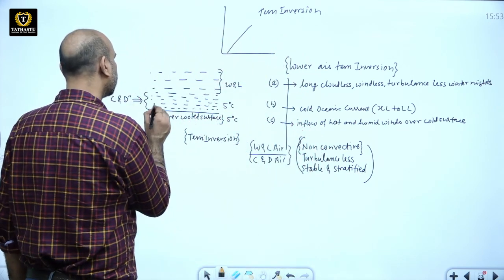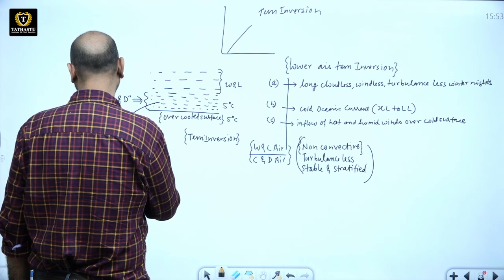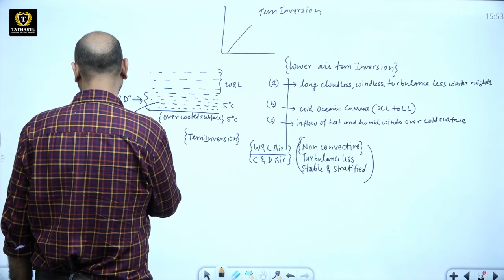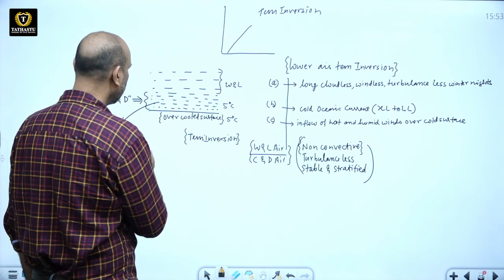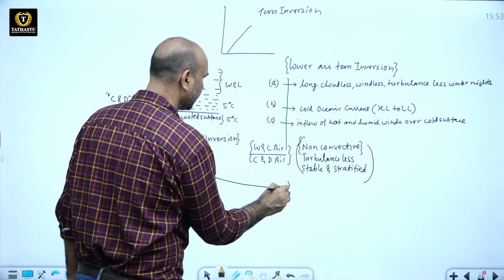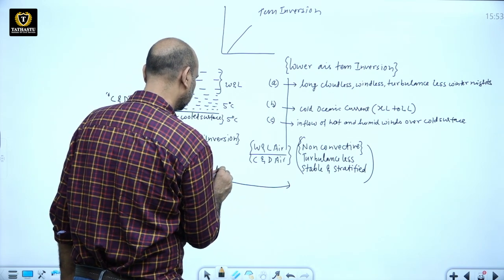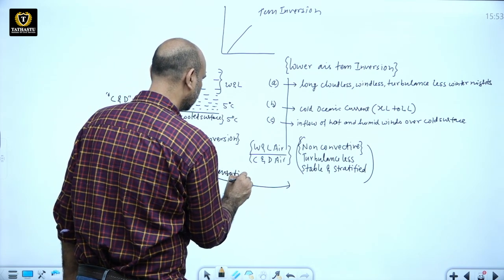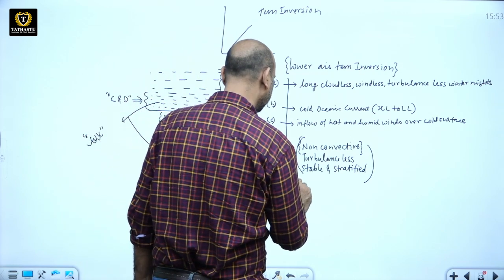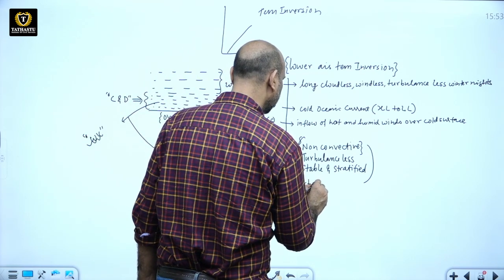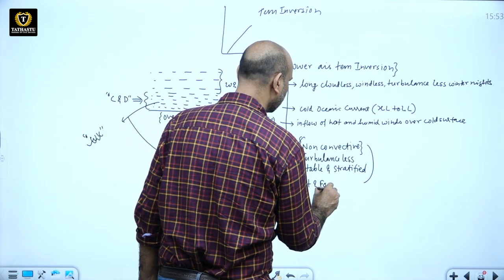If the air in contact with the surface contains water vapor, then you know that condensation will take place. And that could be a source of formation of mist and fog.